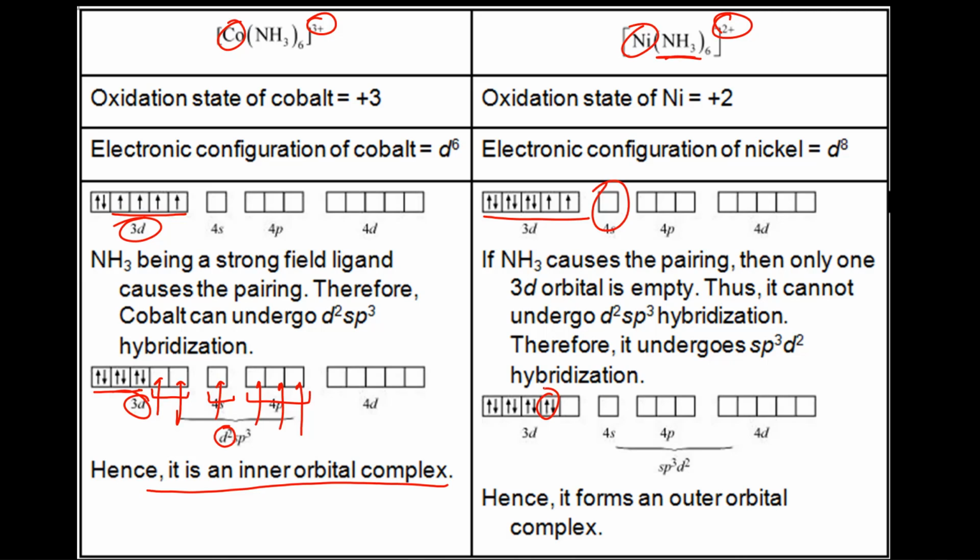So it cannot be d and then s you miss and p. So it cannot be d, p hybridization. Another case where it can be. Here you have a 3d free, you have 4s free, you have 4p free, you have 4d free. But what actually happens here? This d orbital still does not take part in hybridization.